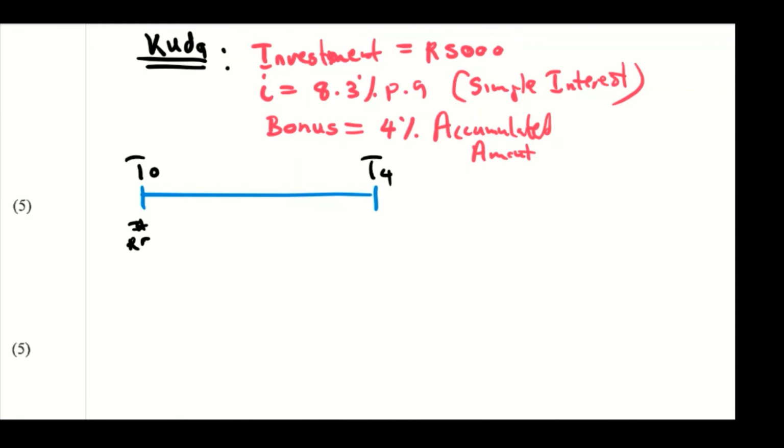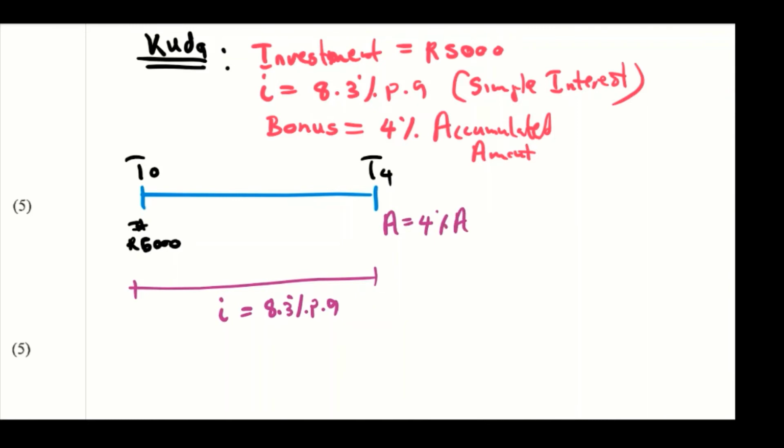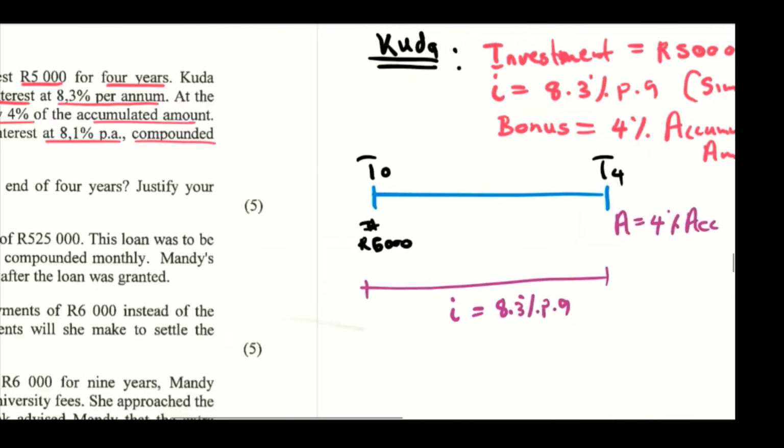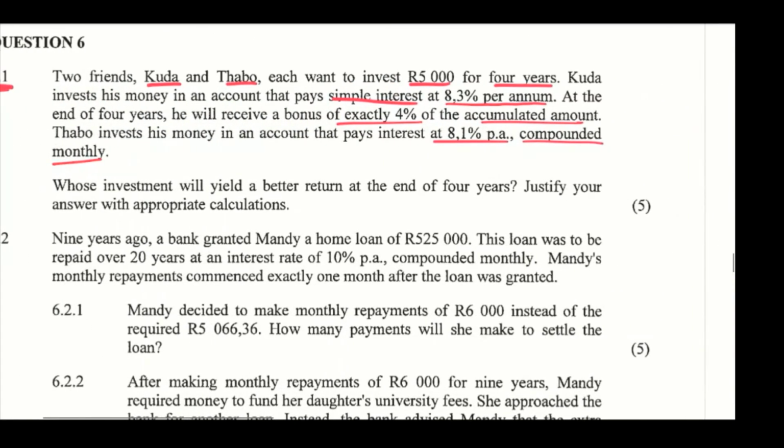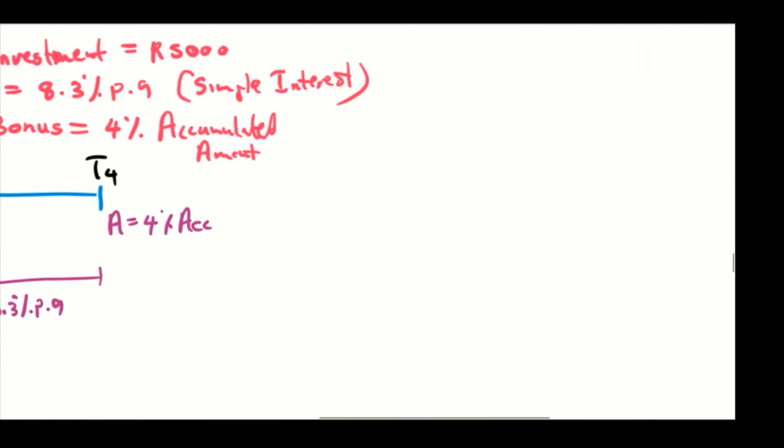We know that the interest rate from T0 to T4 is 8.3% per annum. The accumulated amount that we're going to find has a bonus of 4%. The question says we need to know which investment yields a better return, so what we're going to do is this.